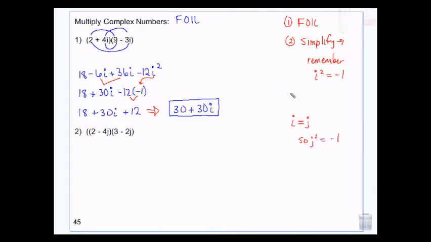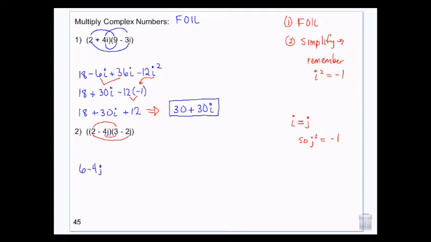Sometimes it's necessary to differentiate between complex numbers, and so mathematicians will also use j. i and j are the same thing. So if i squared is -1, j squared is also -1. So I'm going to FOIL it. So I'm going to do first, and that's going to give me 6. Outside, -4j.